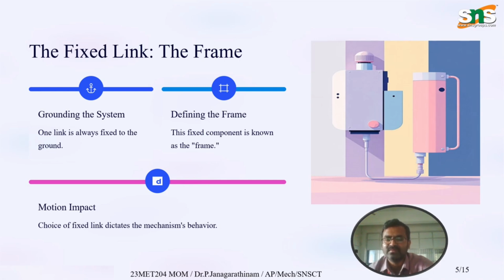The fixed component is known as the frame, and the choice of fixed link dictates the mechanism's behavior, because we have to fix one point as there are no degrees of freedom there. All the remaining links or joints will withstand the force applied under running conditions. So the base is known as the frame.